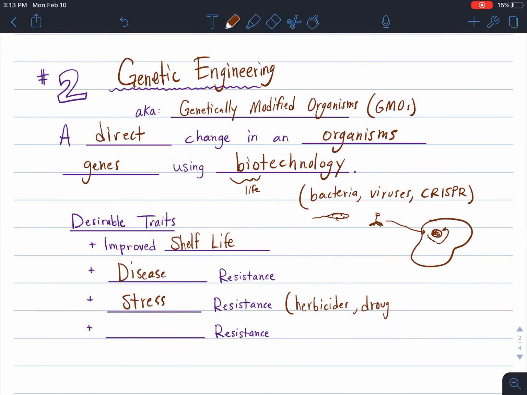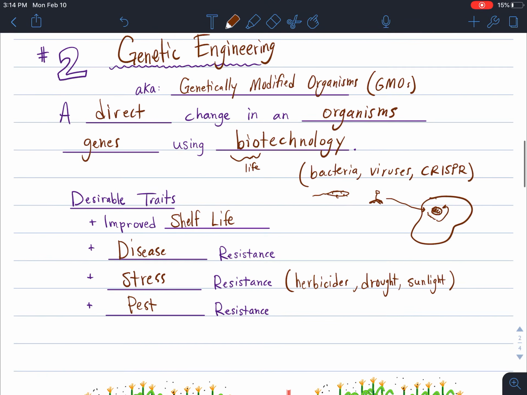Drought, so that if it's really dry, it doesn't affect the plant as much. Or if it's super sunny, it doesn't destroy the plant either, because they have certain genes that can help them mitigate these stresses.